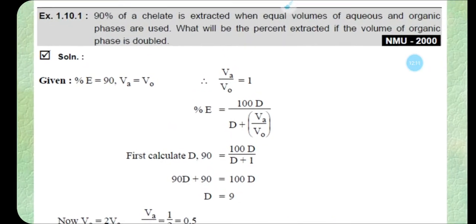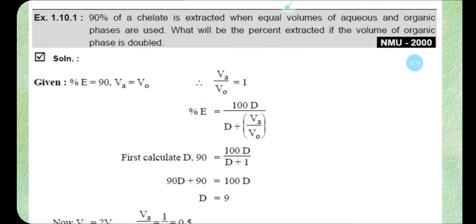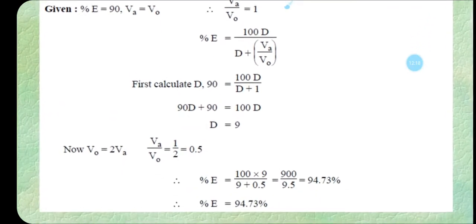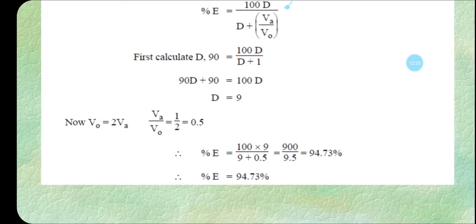Then in the second case they mention that the volume of organic will be double. So what will be the extraction? The volume of organic layer will be double the aqueous, that means VO is equal to 2 VA. Then the volume ratio VA upon VO is equal to 1/2, that is 0.5.